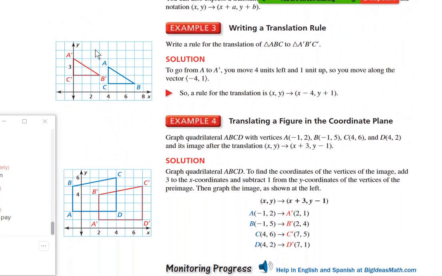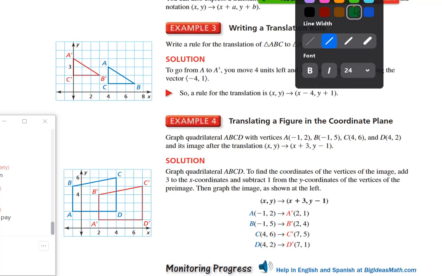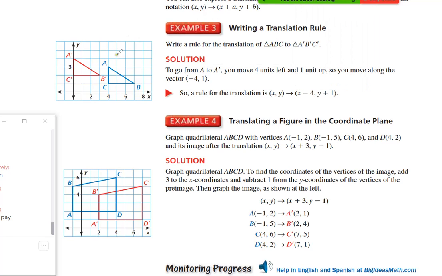So we can also go the other direction. If they give us the translation, we can figure out what the rule is. Going from A to A prime, in the x direction, notice how we went back 4. This is negative 4 in the x direction, but positive 1 in the y direction.